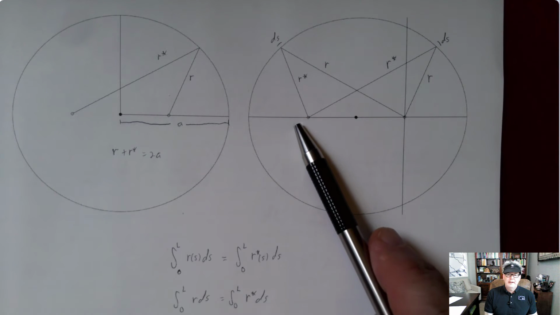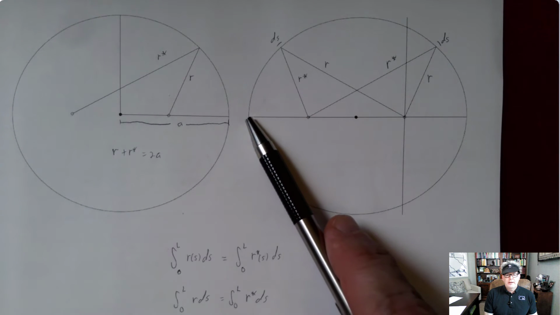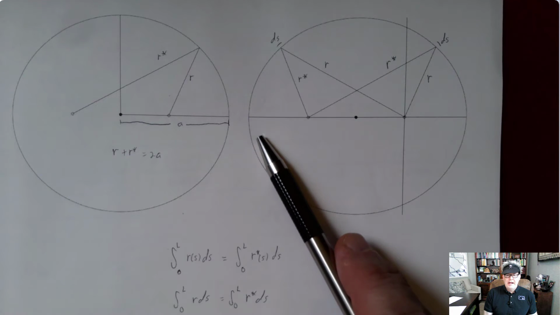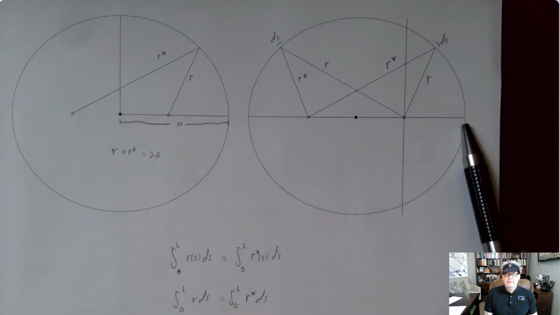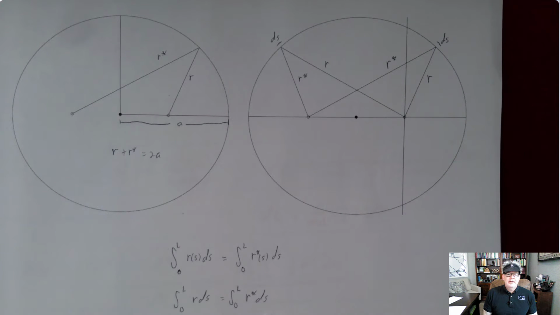And conversely, the integral of the bottom half for r is like the integral of the top half for r star.